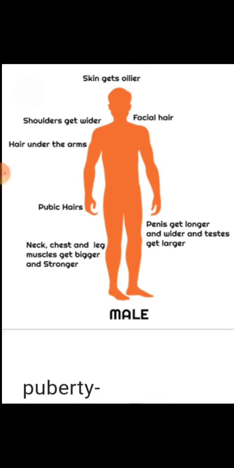Boys develop facial hair and chest hair. The growth of hair also occurs in the armpits, that is under the arms. Pubic hair also grows, that is the hair grows between the thighs around the sex organs.